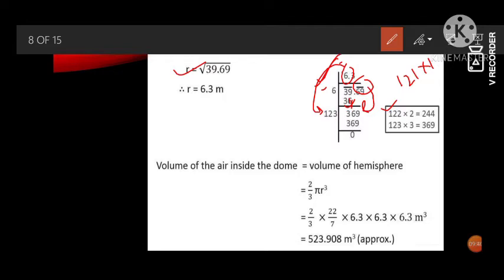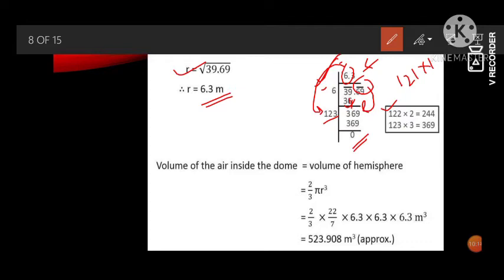So as you can see, 123 into 3 is 369, which is absolutely equal to 369. So we will put 3 over here as well as in the quotient. Subtracting, we will get the remainder as 0. So the square root of 39.69 is 6.3 meter. So our radius is 6.3 meter.